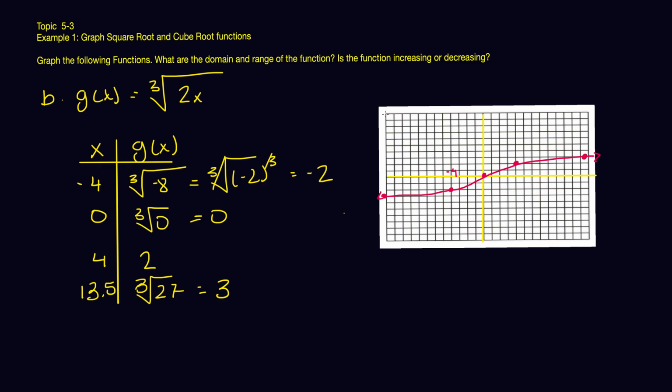So now looking at this, it doesn't really appear that there are any x values we cannot substitute in without getting y values in return. So my domain here is all real numbers.